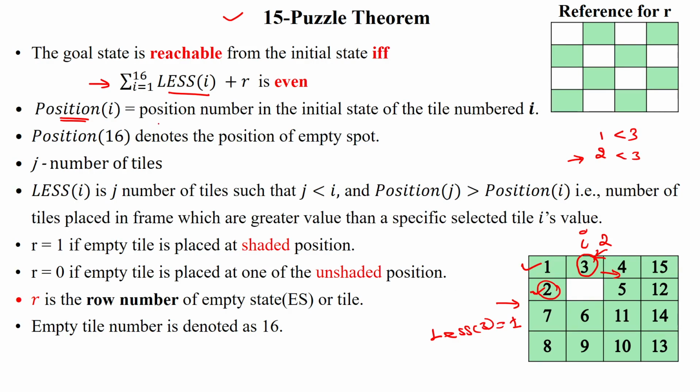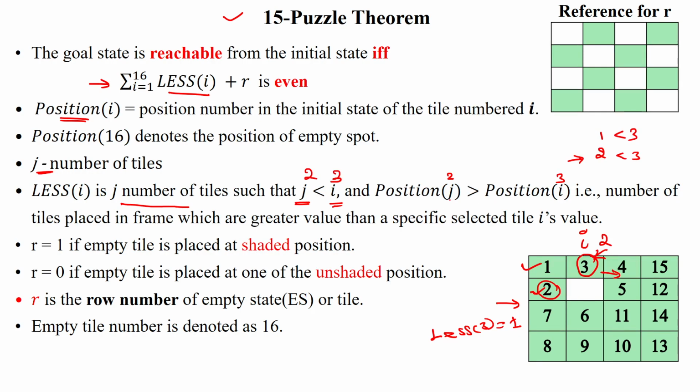That's what is given here: j, the count of the number of tiles such that j is less than i. Here i is 3 but j is 2. So the position of j is greater than the position of i.